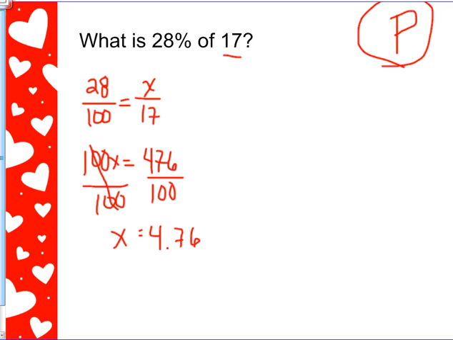All right, so those are the two different ways you can solve it. There is not a way I'm going to require you to do it in class. It's whatever is easiest for you, okay? Whether you want to use an equation or a proportion.